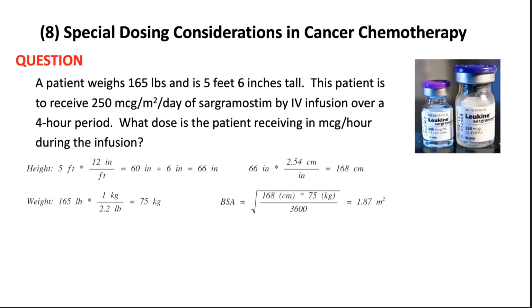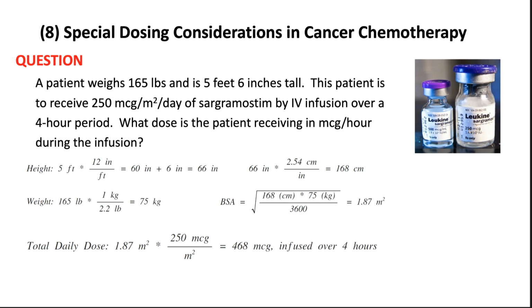Now we can calculate the total daily dose. Well, the total daily dose is going to be the 1.87 meters squared times the 250 micrograms per meter squared. So meters squared cancel. And we can see that in a day, they're going to need 468 micrograms. But that total daily dose isn't going to be administered over the whole day.